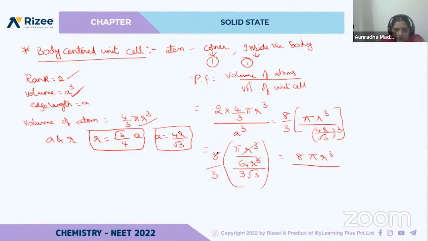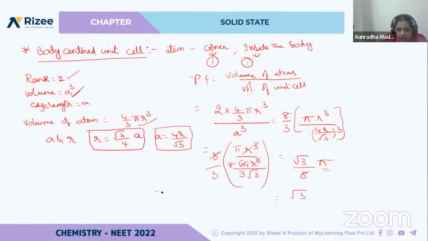Next, 8 8s are 64. So by rearranging everything, with it going into the numerator, we'll get √3/8 pi. Substitute this pi value here.